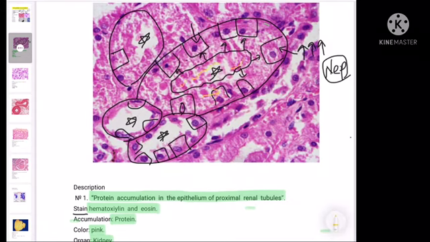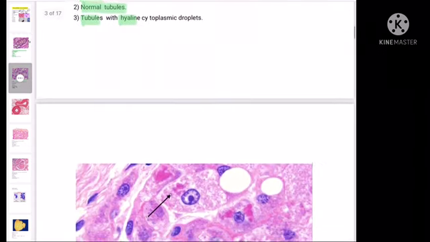This is also protein, but in the lumen. These are the proteins inside the cell. Where are the cells which are normal, or we can say there is not enough protein inside? We can take a sample of this epithelial cell. They don't have much accumulation of protein.